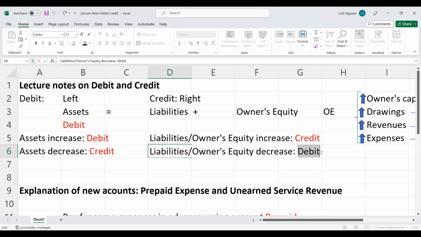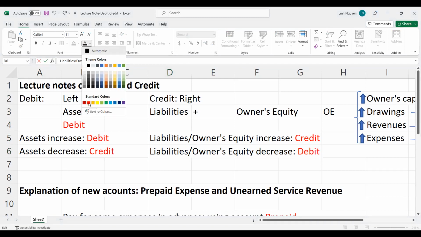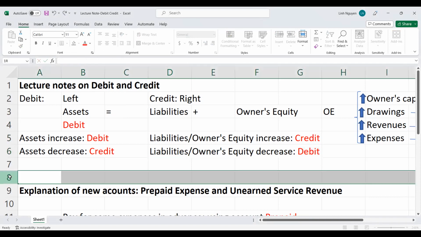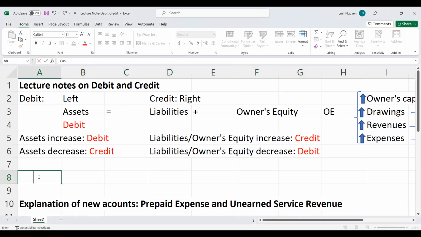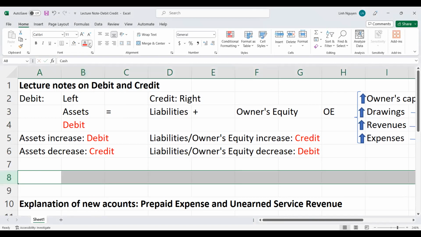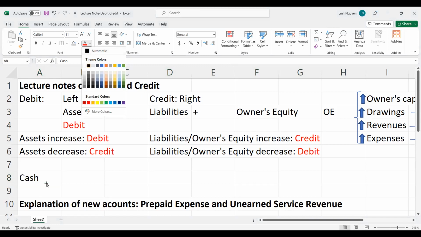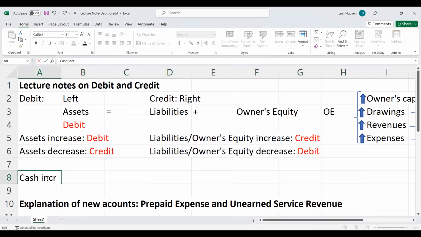Let me give you some examples. For example, I have an asset account, which is cash. When cash increases, we should debit. Why? Because cash is an asset, and when assets increase, we debit.